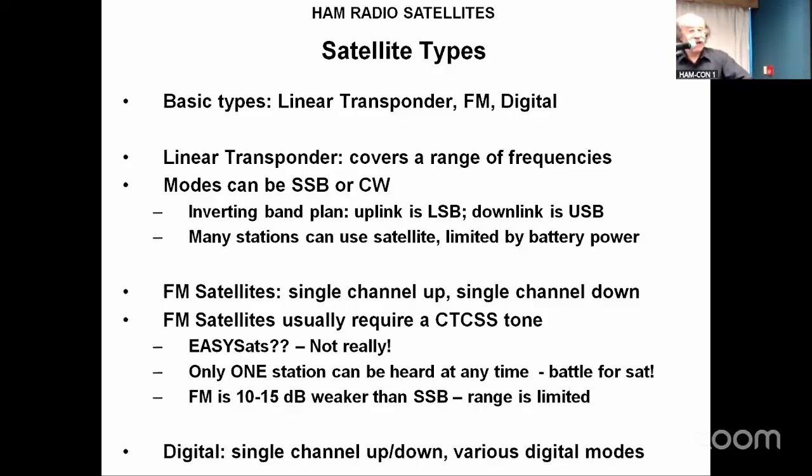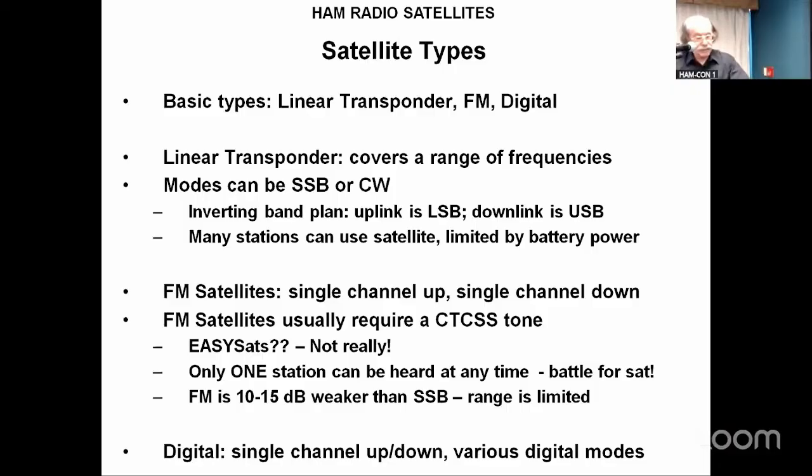An FM satellite is taking the repeater, they take it off the mountain and put it on a rocket and send it up and orbit it, right? It's a one-channel repeater. How many people can use it at the same time? One. And we'll get to that in a minute. And then they have digital satellites, which is basically an FM satellite, but it's looking for digital type communications, the buzzes and all that other stuff.